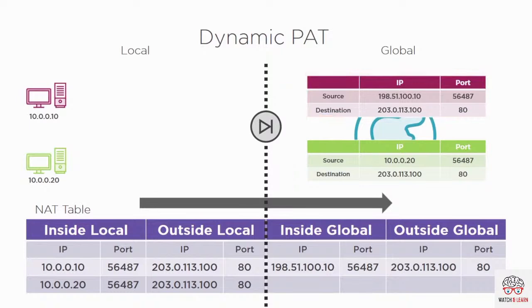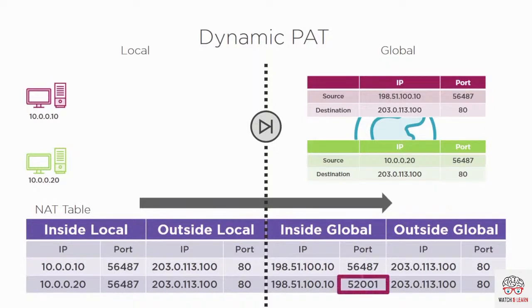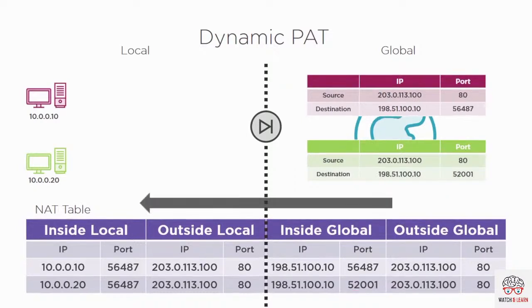When we then move to the packet sourced from 10.0.0.20, we're going to change both the source IP address and the source port number. That way, when we send this message out and it comes back from the public internet, we can explicitly identify each message.